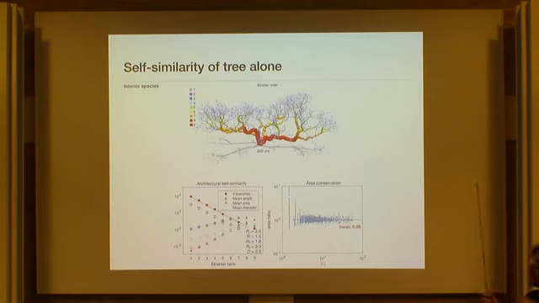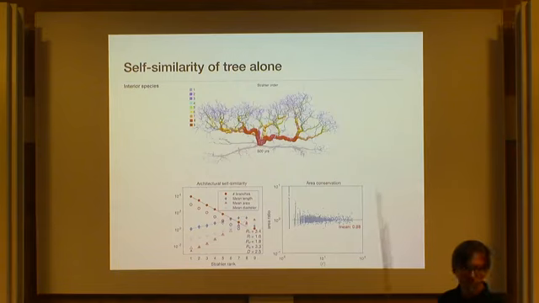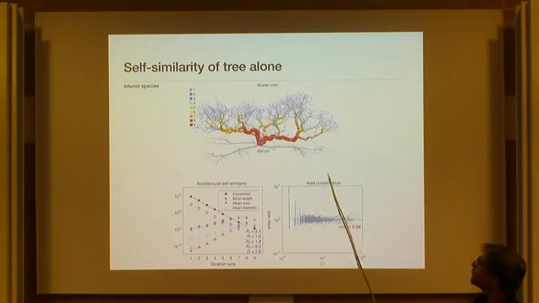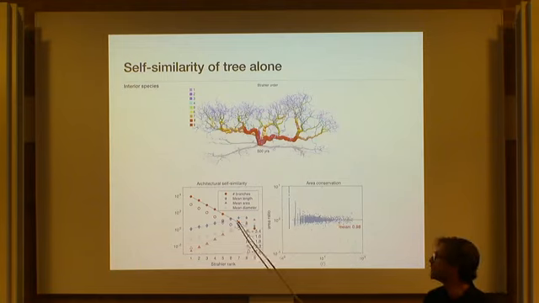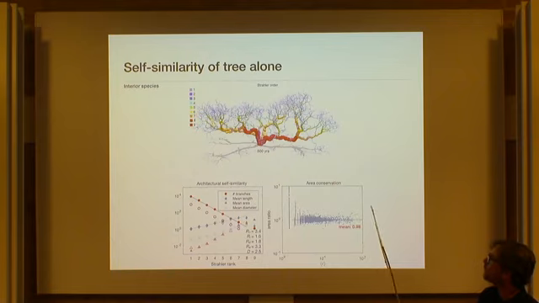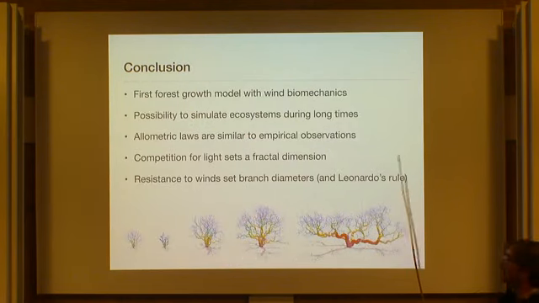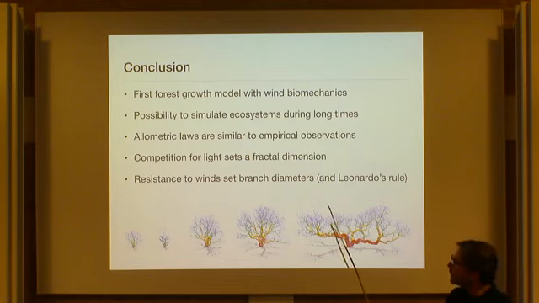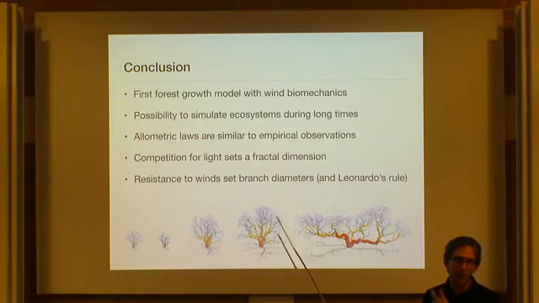And this is the other species. So far it was the periphery species, and this is the interior species. So it looks different, but the self-similar characteristics again are very similar, and again you get something that is very close to Leonardo's rule. The shape is different not because the strategy is very different, but because the structure is slightly weaker.